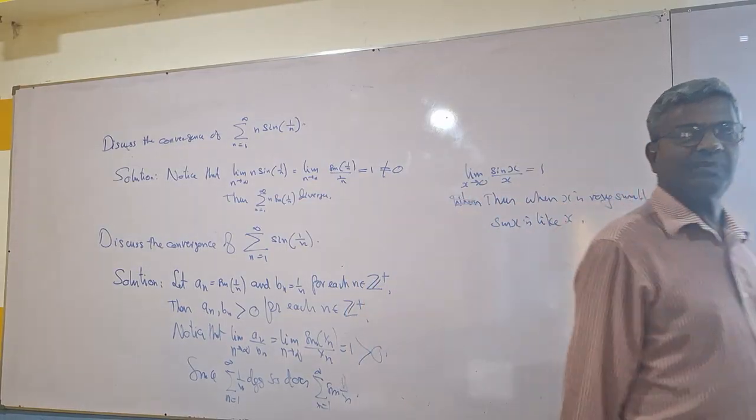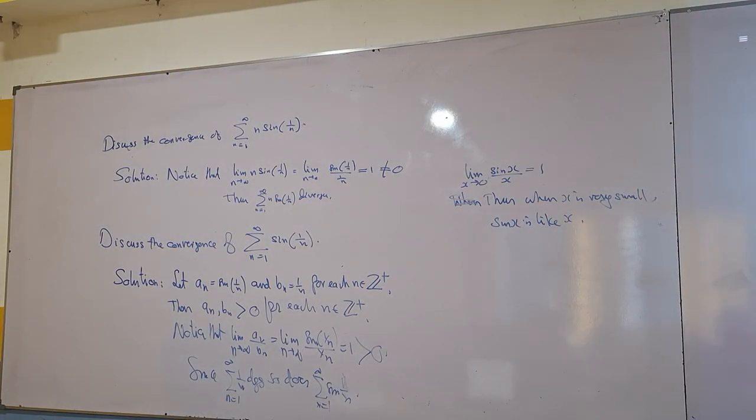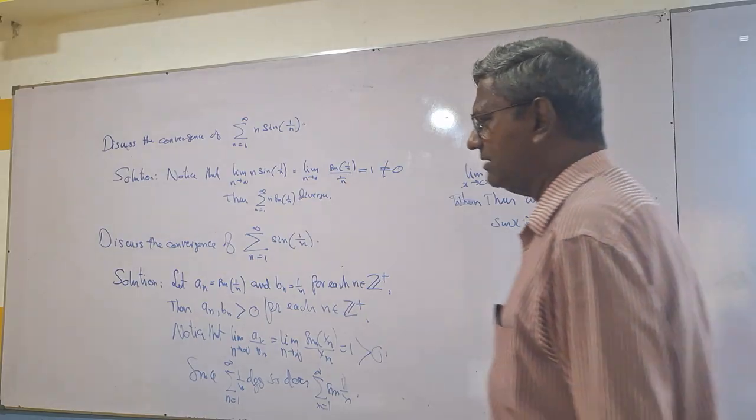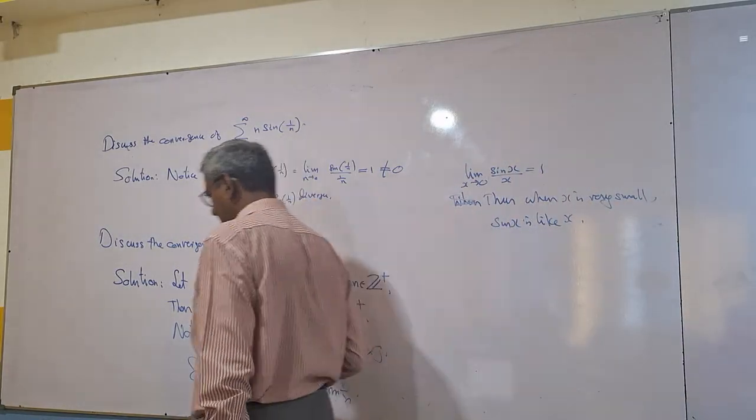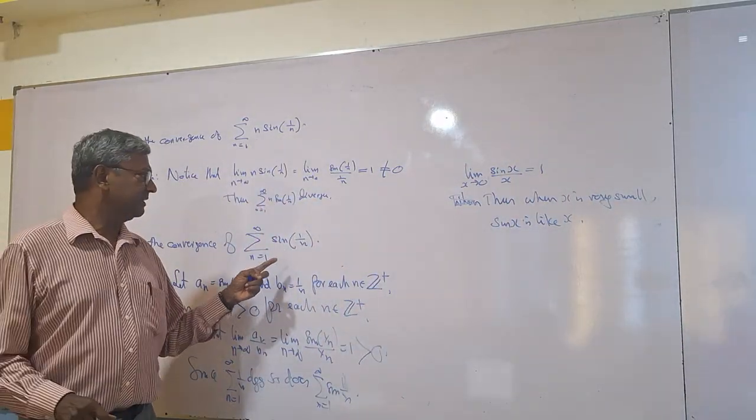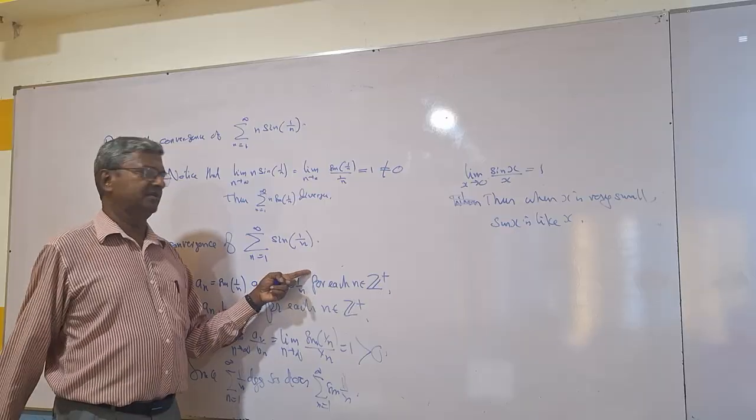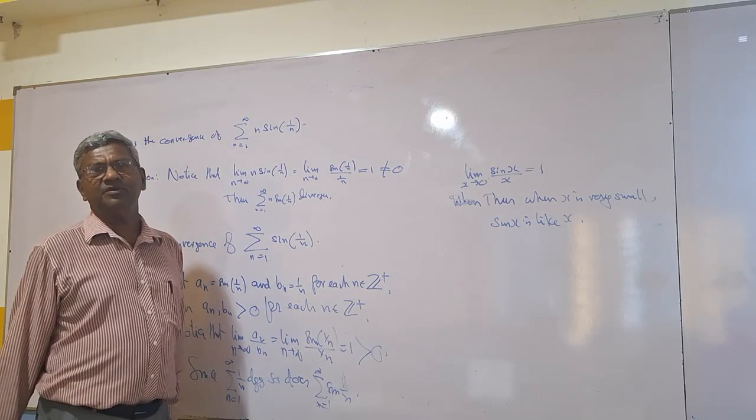I haven't done continuous functions yet. I was talking in singular, by the way. Sin x is like x when x is very small. So when n is really big, sin 1 over n is like 1 over n.